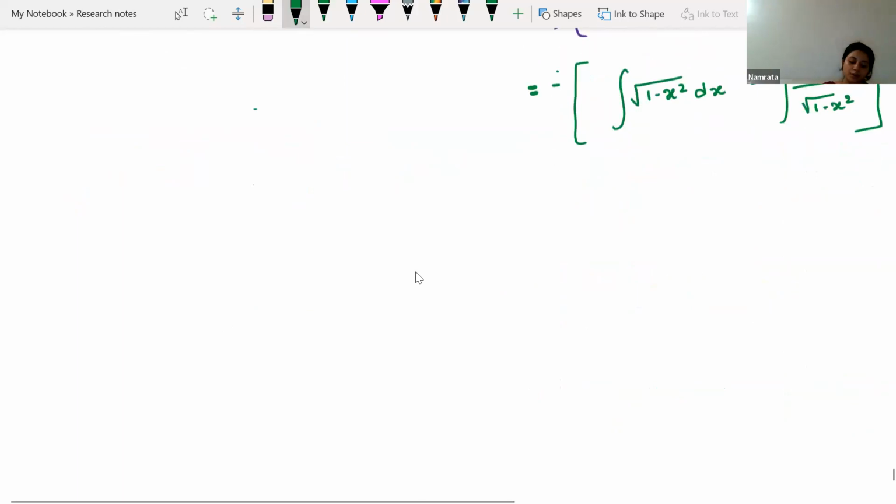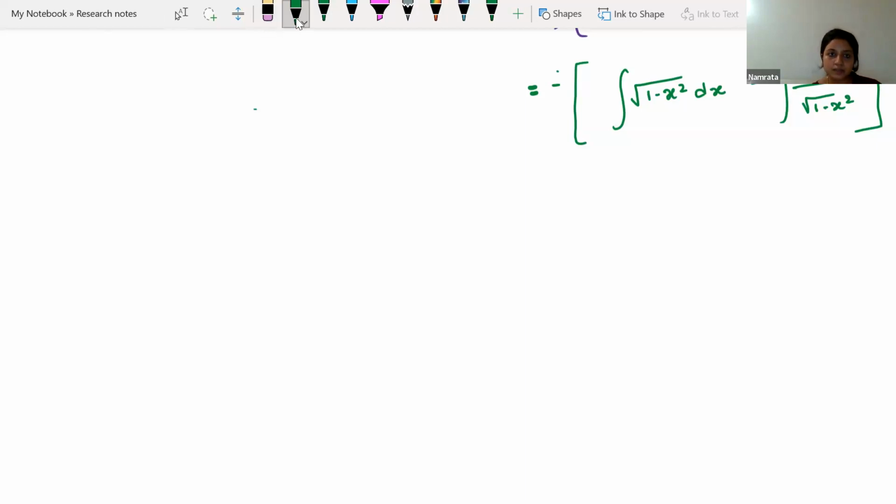Are we having any formula for the first one and for the second one? Anyone? Have you done those formulas? Let me check whether it was there in the very beginning in the book or not. Before doing this integration, have you learned the formula of 1 by under root x square minus a square?